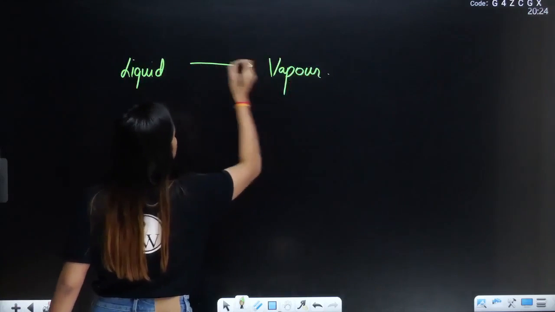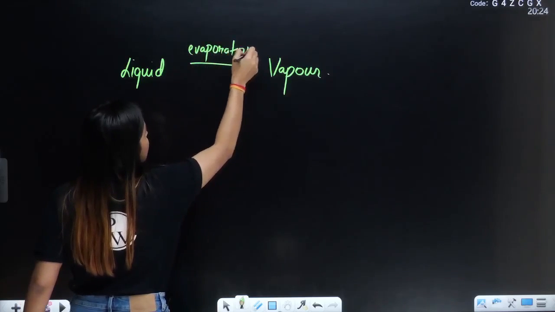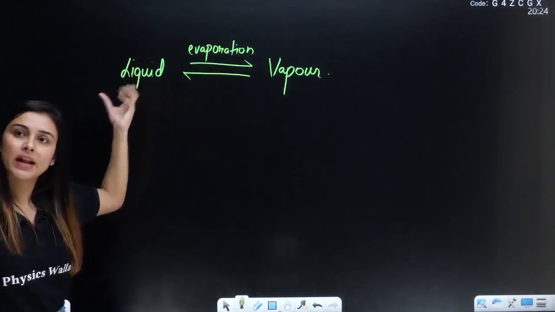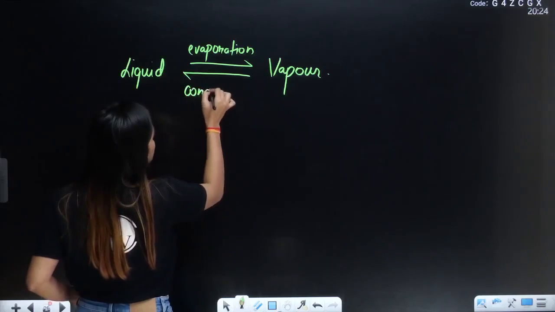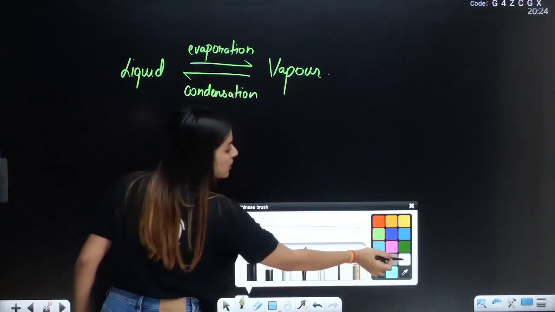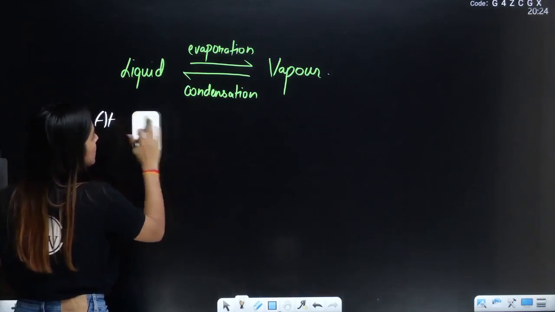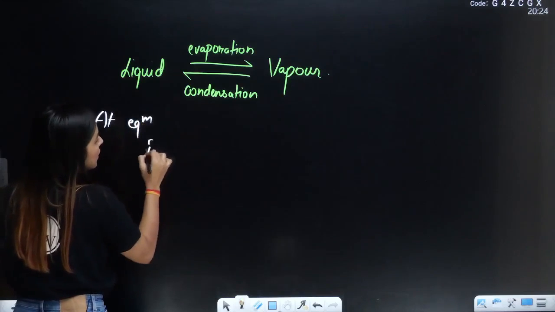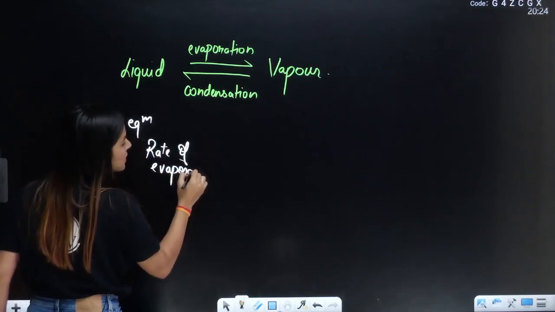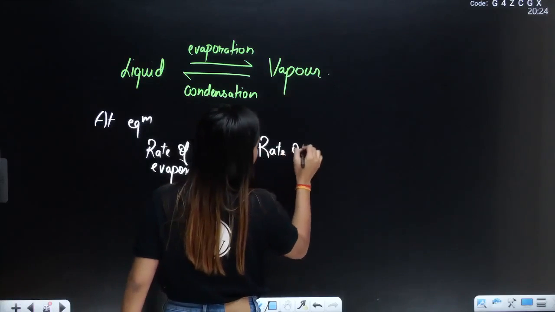Yes. And this process was known as evaporation. But after some time, those vapors started getting converted into the liquid as well, and this process was known as condensation, right? Yes. Now my dear students, when an equilibrium is achieved, the rate of evaporation, that is the rate of particles leaving the surface, will be equal to the rate of condensation.